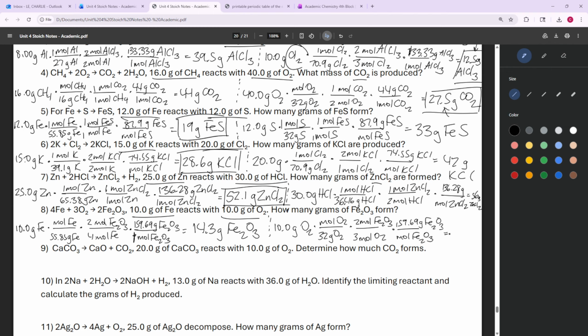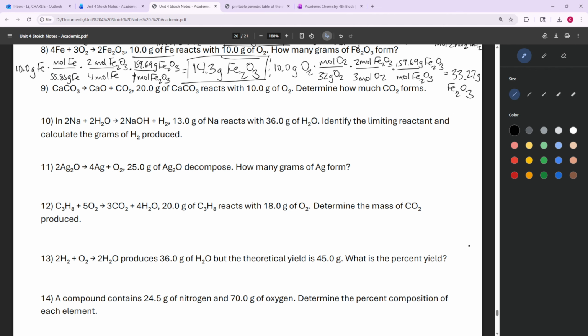And if we multiply all of that together, 10 divided by 32 times 2 divided by 3 times 159.69, that is 33.27 grams of iron oxide. So it looks like in this case, iron limits our reaction, 14.3 grams of iron oxide. Right?